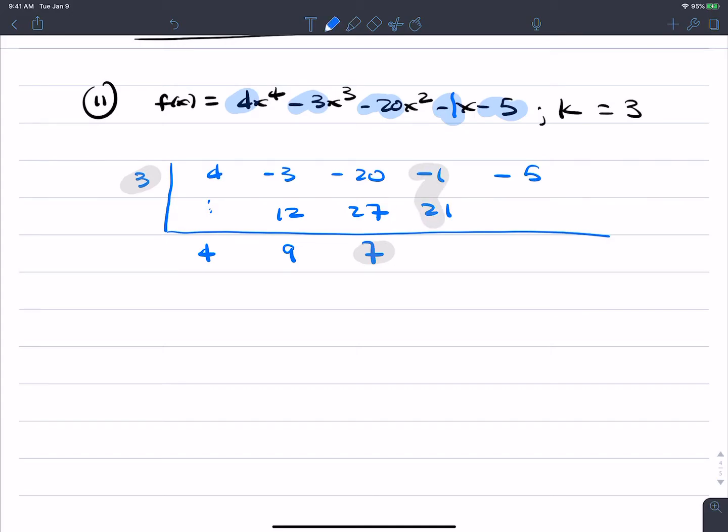Negative 1 plus 21 gives you 20. We're going to repeat the process. 3 times 20 gives you 60. Negative 5 plus 60 gives you 55. This here is your remainder.